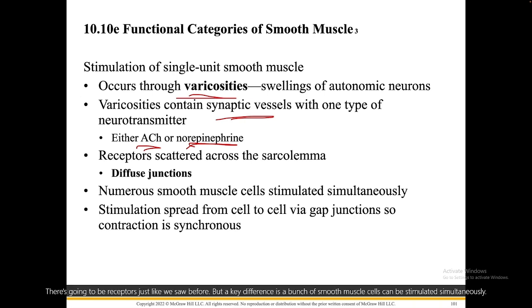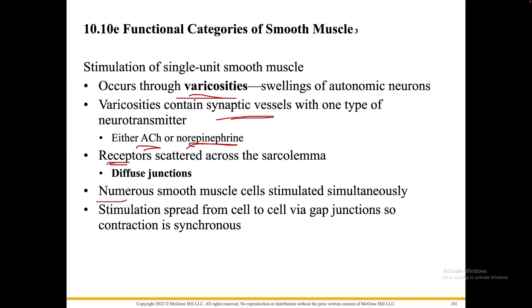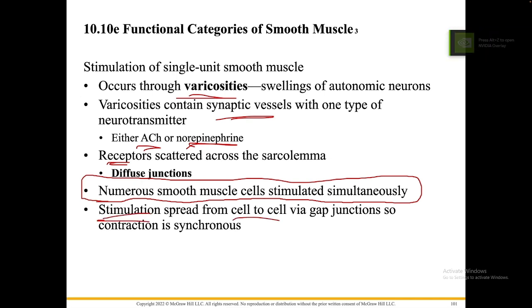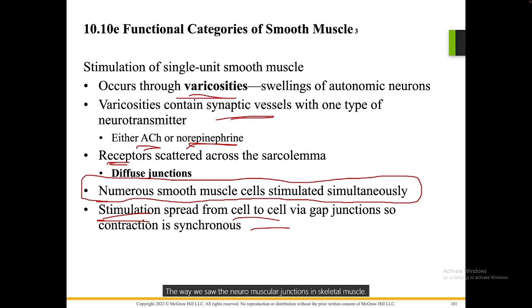There's going to be receptors just like we saw before, but a key difference is a bunch of smooth muscle cells could be stimulated simultaneously. Remember we were talking about voluntary muscle, only those in one motor unit could be stimulated by a nerve. Stimulation can also literally spread from cell to cell, so it doesn't need a nerve going to every muscle cell the way we saw the neuromuscular junctions in skeletal muscle.